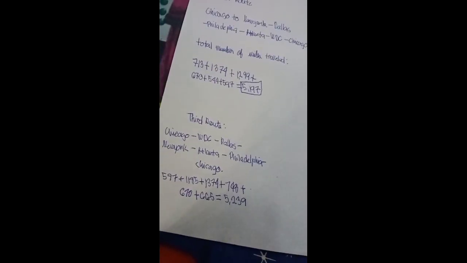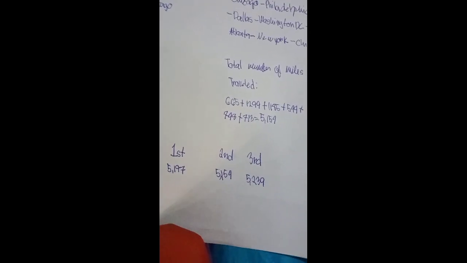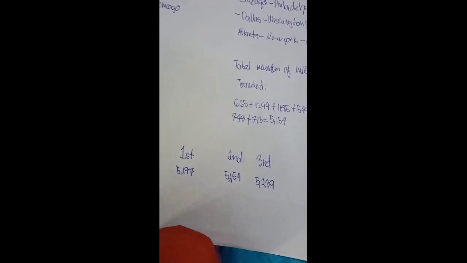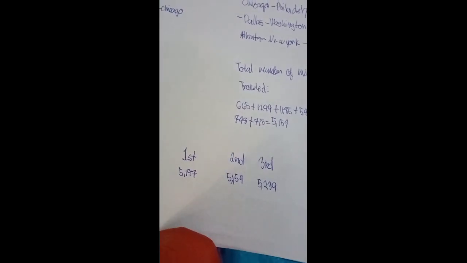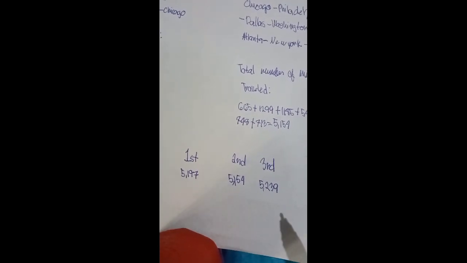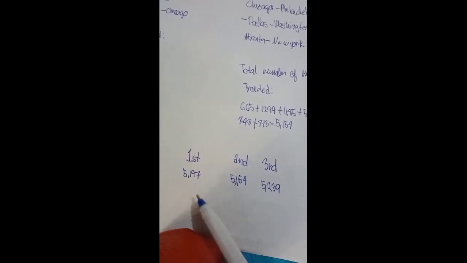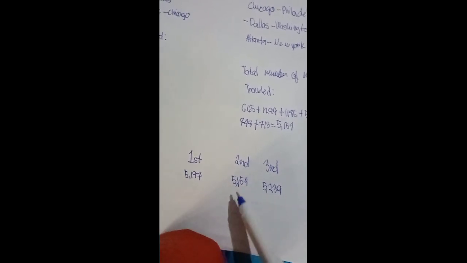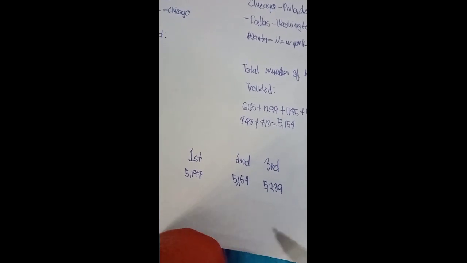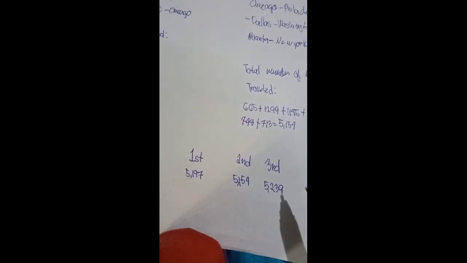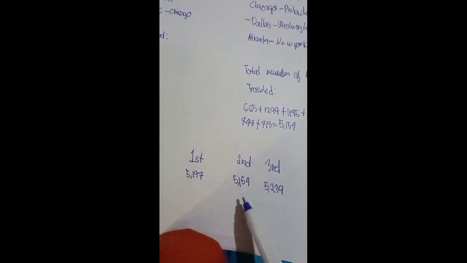So that would be 5,239. From all the totals, this is where we learn which has the highest and the lowest miles. In the first route, we have 5,197. In the second route, 5,154. In the third route, 5,239. As you can see, the lowest total is the second route, which is 5,154.